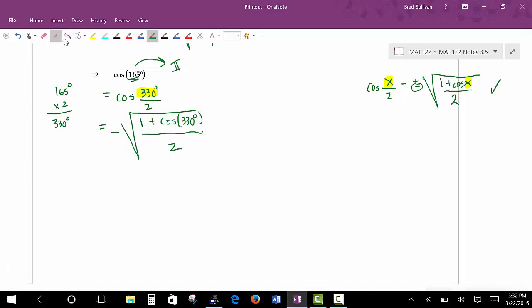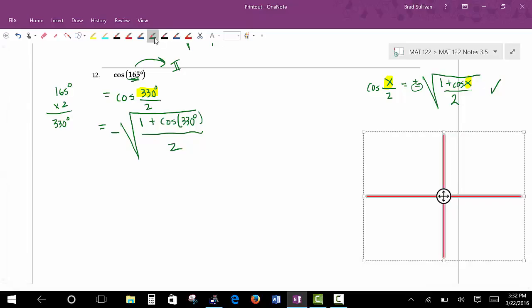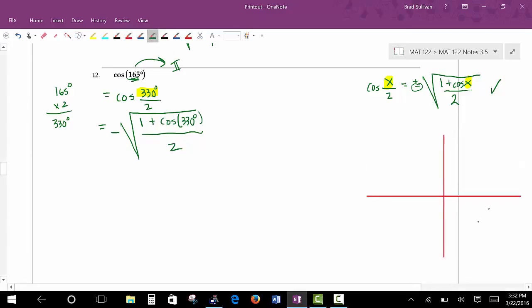Okay, now we can go to our unit circle and look up a 330 degree angle. A 330 degree angle is actually in quadrant 4, and it's this point right here. That point on the unit circle, the x value is over as far as possible, so that's square root of 3 over 2.